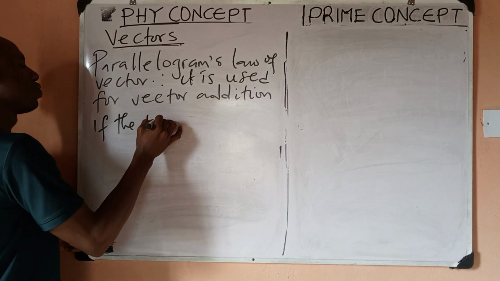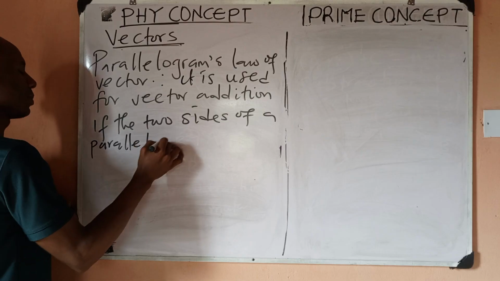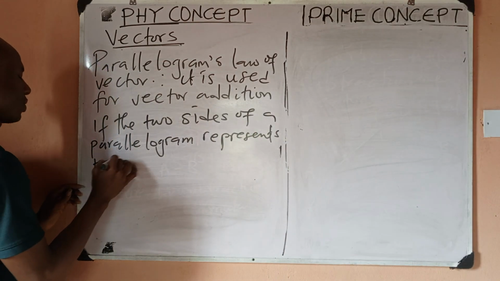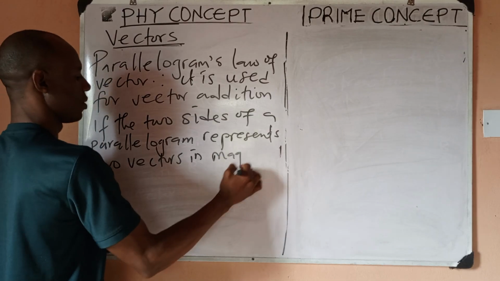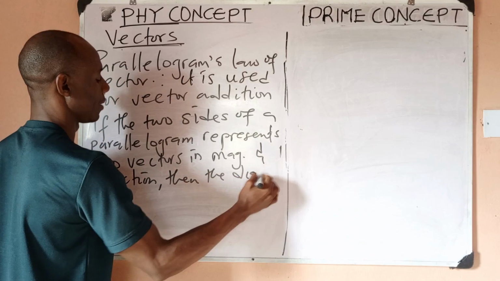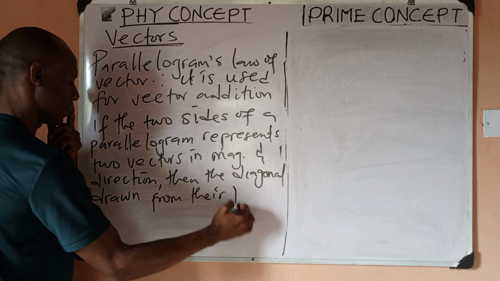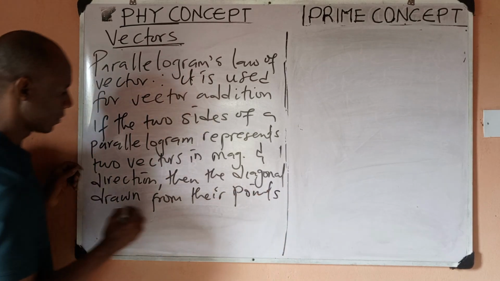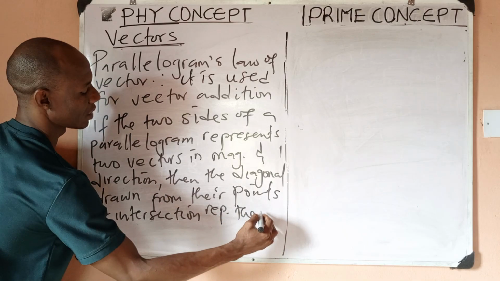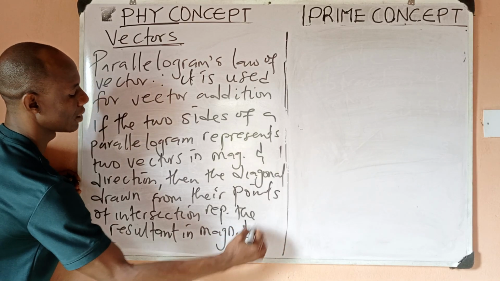If the two sides of a parallelogram represent two vectors in magnitude and direction, then the diagonal drawn from their points of intersection represents the resultant in magnitude and direction.